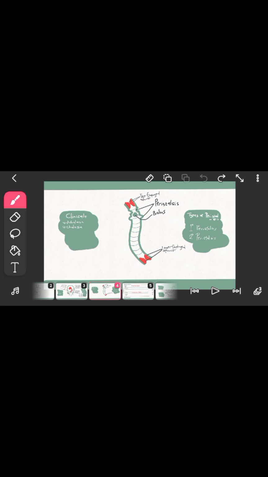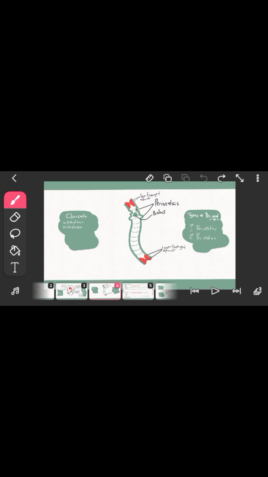Peristalsis is the series of contraction and relaxation in the muscles of the GI wall to facilitate the movement of the bolus. So we have types of peristalsis. We have primary peristalsis and we have secondary peristalsis. Primary peristalsis is the wave that comes from the oral cavity and pushes food directly into the stomach.